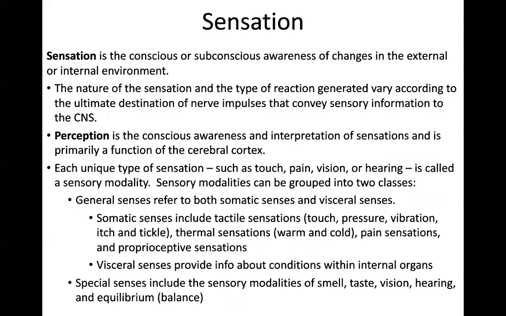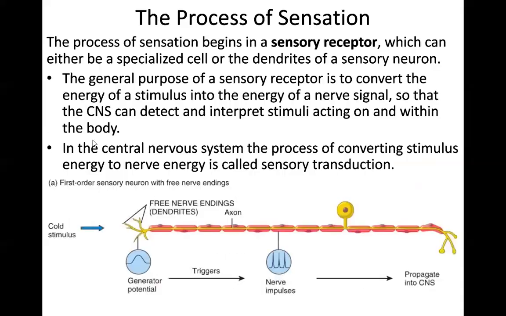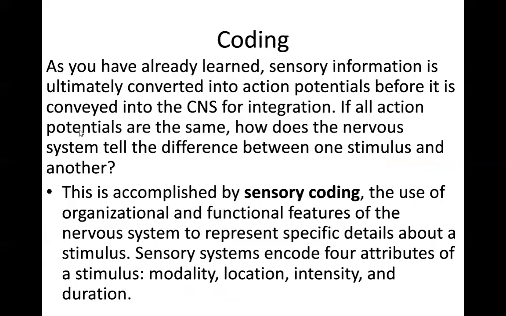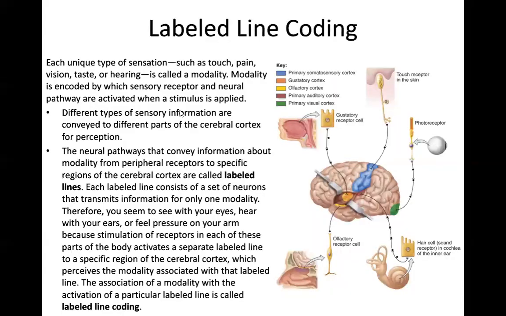Each unique type of sensation, such as touch, pain, vision, or hearing, is called a sensory modality. So this is talking about how we can tell smell from hot, from cold, from pain, from pressure. Modality is encoded by which sensory receptor and neural pathway are activated when a stimulus is applied.